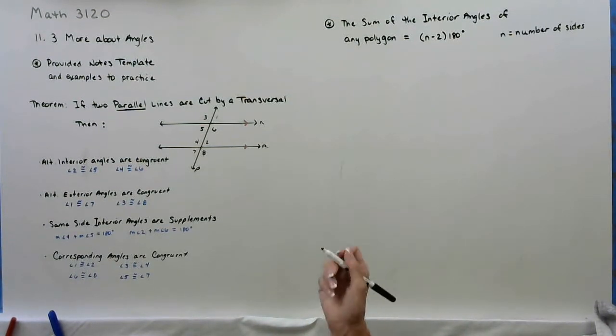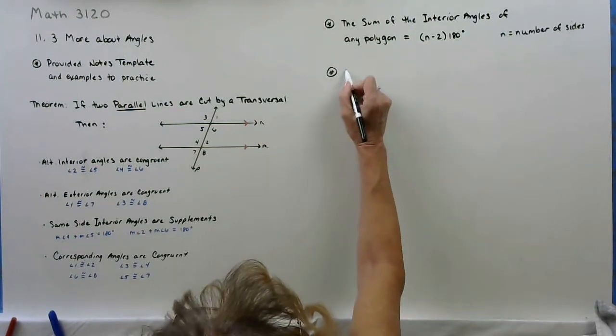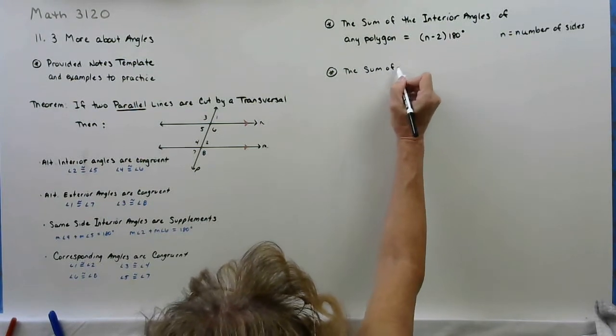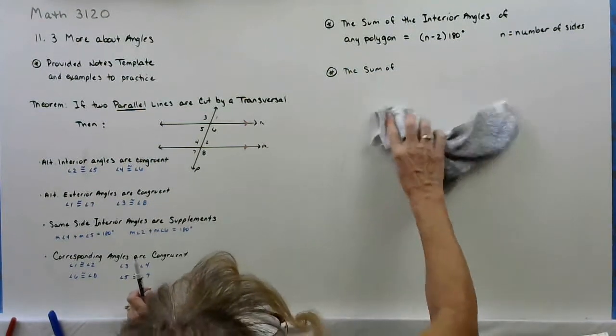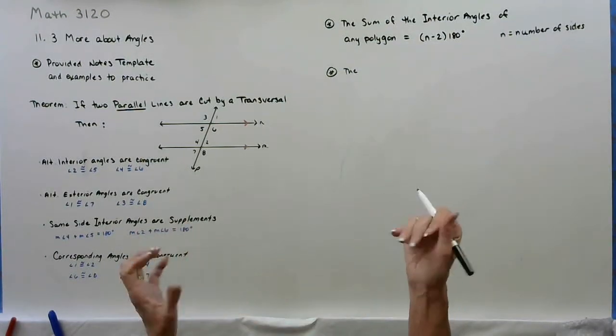Now, we also said, if you remember, might as well just put it here again, the individual angle. The measure of a single angle of a regular polygon.